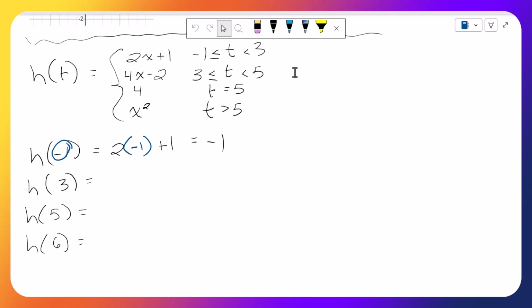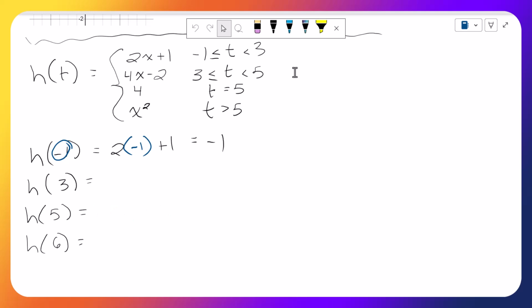So you might have tried, and this is wrong, to go 4, 5, minus 2. That would be wrong. That is not where your function is defined at 4, 5.